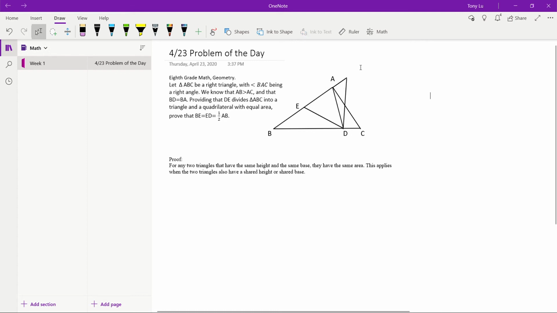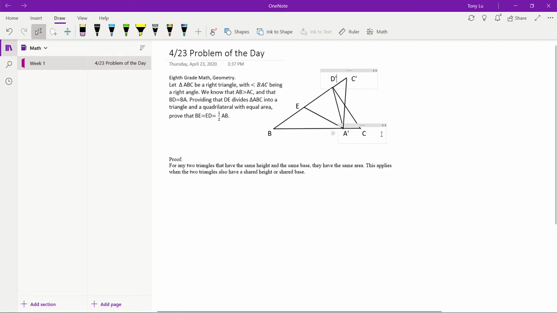So now, as you can see, we have another triangle, which we're going to call triangle A' C' D'. We're going to call this point C', this point A', and this point D'.